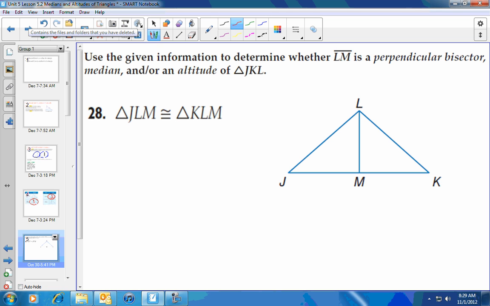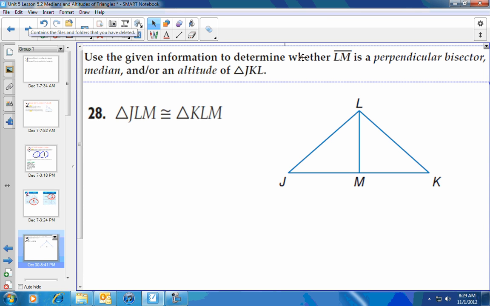The directions say, use the given information to determine whether segment LM is a perpendicular bisector, median, and/or an altitude of triangle JKL.